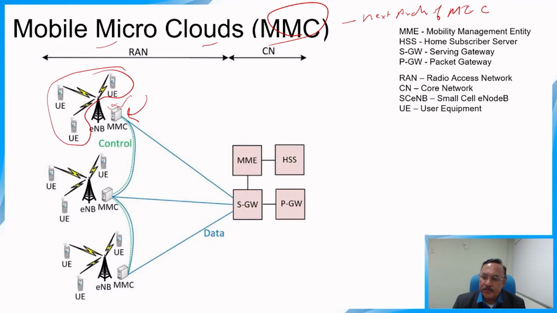The MMCs are interconnected directly or through the backhaul in order to guarantee service continuity if UEs move within the network, to enable smooth virtual machine migration among MMCs.